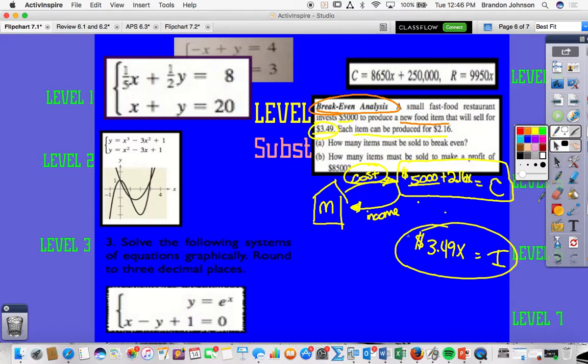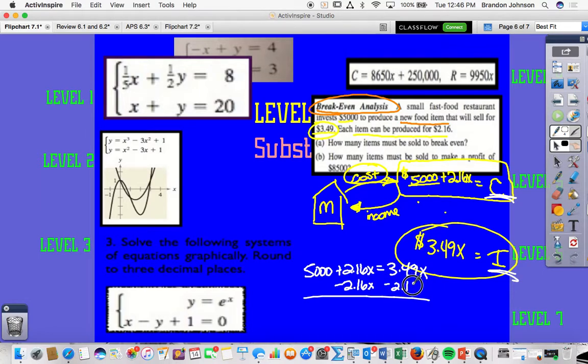At this point, we're going to set C equal to I. So I've got 5,000 plus 2.16x equals 3.49x. Let's subtract 2.16x. I'm trying to isolate x on one side to get 1.33x, and this equals our 5,000.